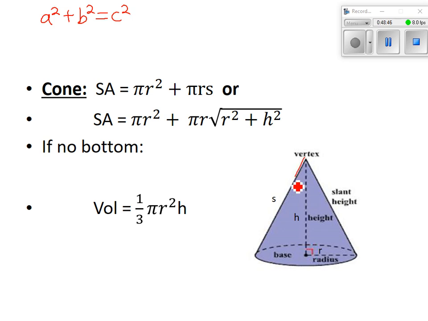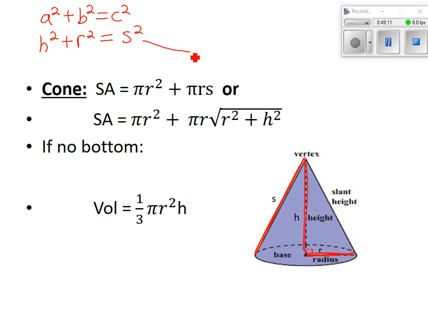If we wanted to find the slant height, if we didn't know the slant height but we knew the regular height, for a you put in the height, so h squared plus, for b we put in the radius of the circle, and that's going to give you the slant height squared.